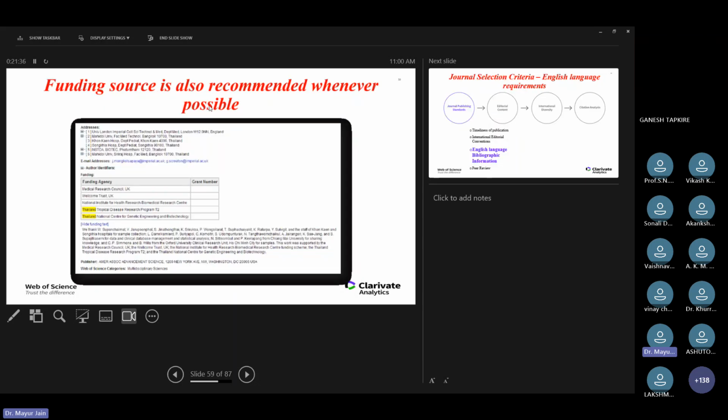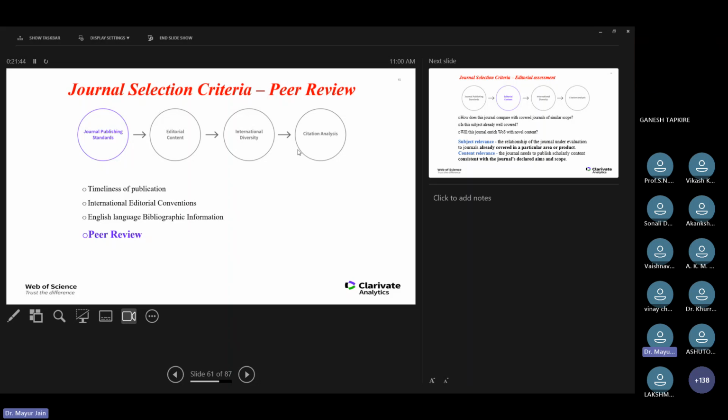Okay, sometimes the funding source is also recommended whenever possible. If you have got the funding, then it is always better to put the funding sources, right? This is also one criterion. Let's say your project is funded, and you got the fund, so the editor will think, okay, this is a genuine project, and the author has worked a lot on this genuine project to fulfill the objectives, right?